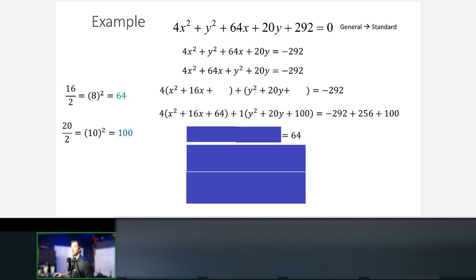All right, and then on the left side, x squared plus 16x plus 64, what does that trinomial factor into? X plus 8 quantity squared. Yep. So completing the square, the whole point of doing this is to get to this binomial squared.